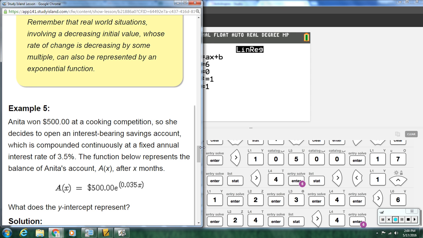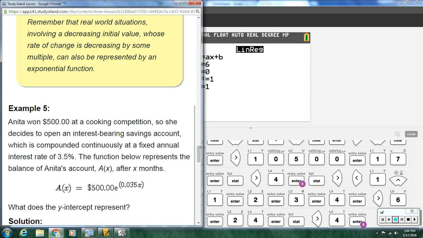Compounded continuously, that just means it rolls over kind of, not literally, but anyway, we won't go too far into this. At a rate of 3.5%. All right, so where did this 500 come from? Well, first of all, what kind of equation is this? Linear, quadratic, or exponential? That's an exponential. What does that 500 represent? Starting point.